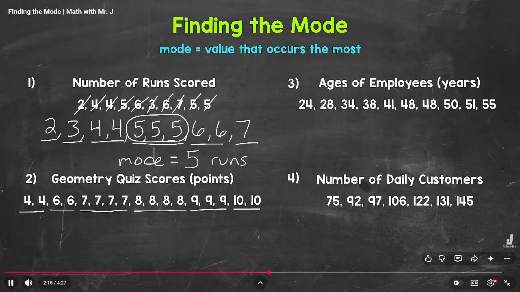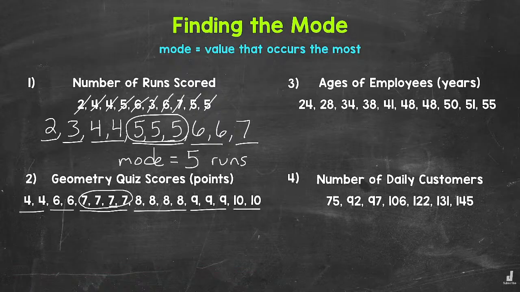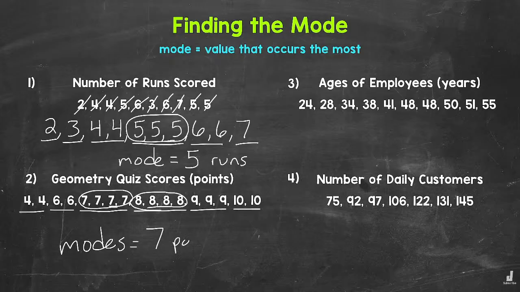So which scores occurred the most? Well, 7 occurred 4 times and 8 occurred 4 times. So we have a tie, so to speak. Both 7 points and 8 points occurred the most. So our modes are 7 and 8 points.